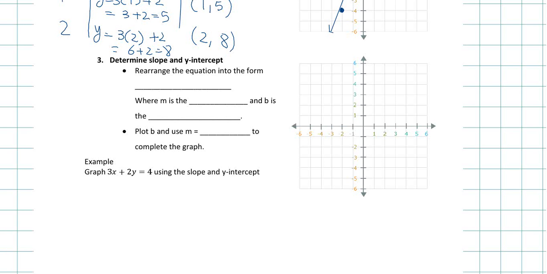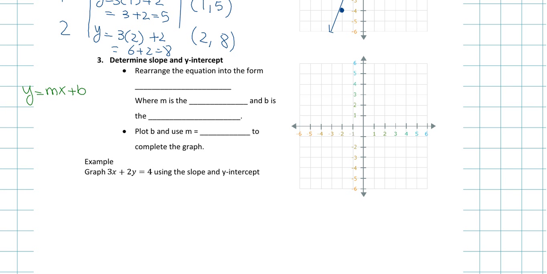Now the third way that you can graph a linear function is by using the y equal mx plus b format. Remember there's two formats for a linear function, and one of them is y equal mx plus b, where y is by itself, you have the equal sign, a number times x plus or minus a number.